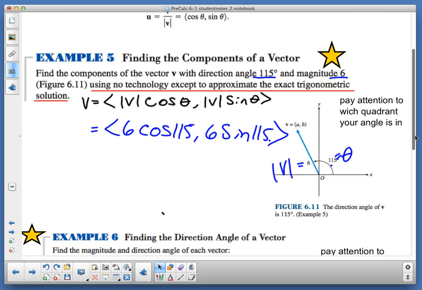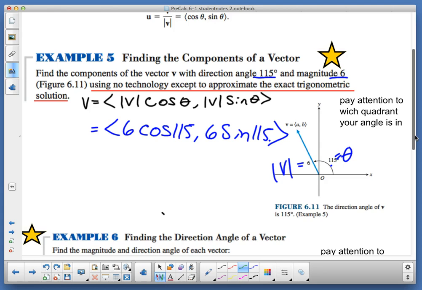But I guess I got to catch up, get these done. Six cosine 115. So I've got negative 2.53 in my first one.